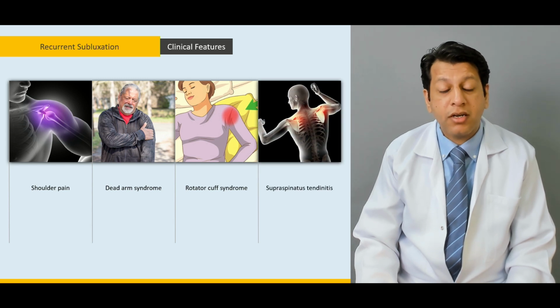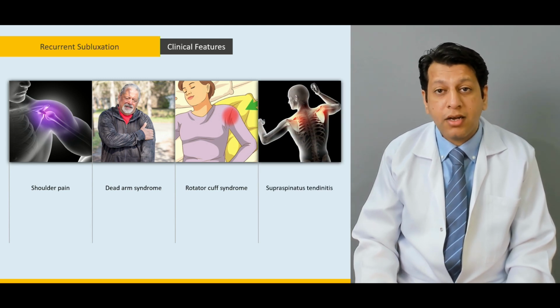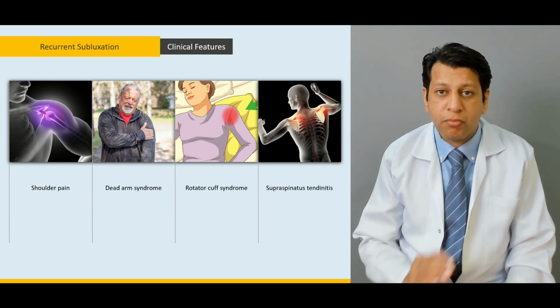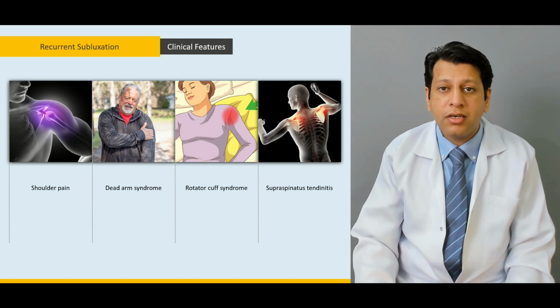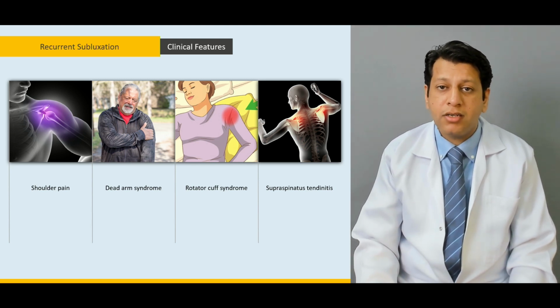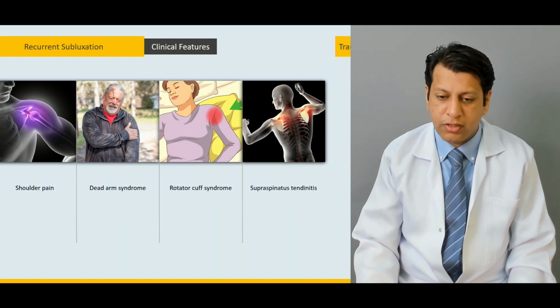Another is supraspinatus tendinitis. Why does it occur? Because once the tear develops, it may propagate further from anterior inferior to anterior superior area, and it can result in supraspinatus tendinitis, and patients may have increased pain on external rotation, over the anterior superior aspect of the shoulder joint.